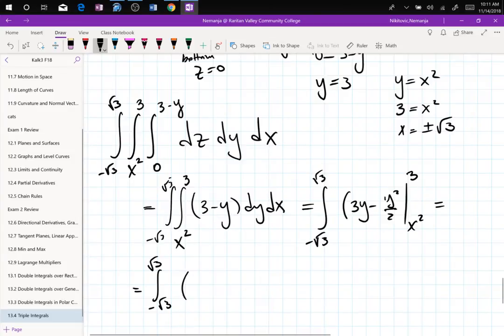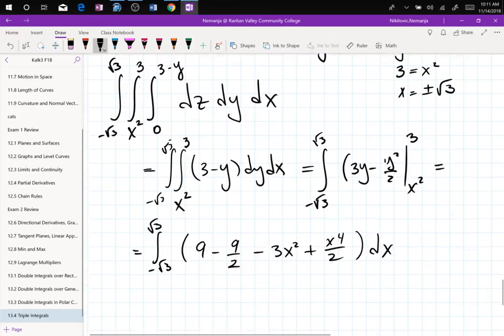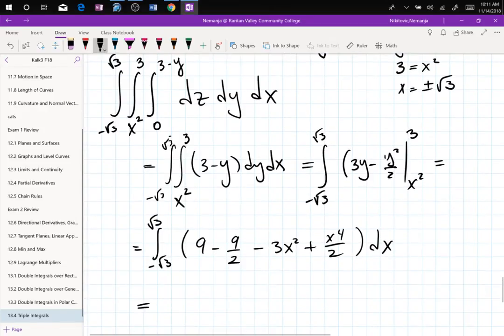Plug in 3, so we get 9 minus 9 halves minus 3x squared plus x to the 4th over 2, dx. This together is 9 halves.